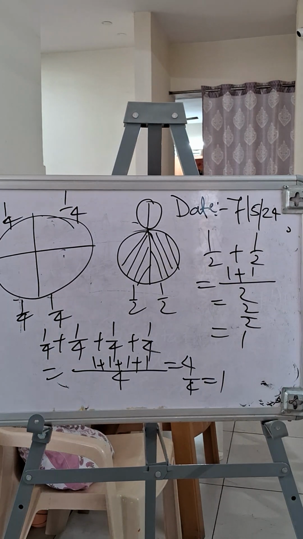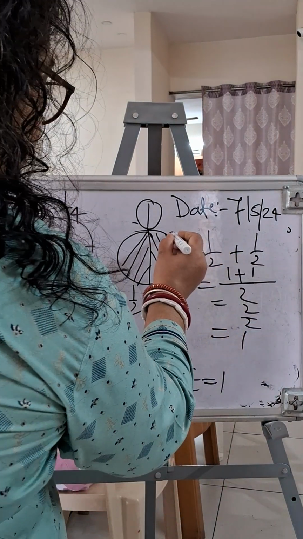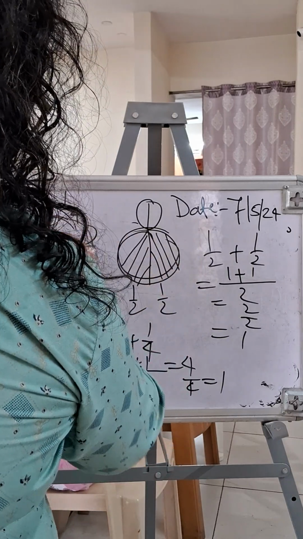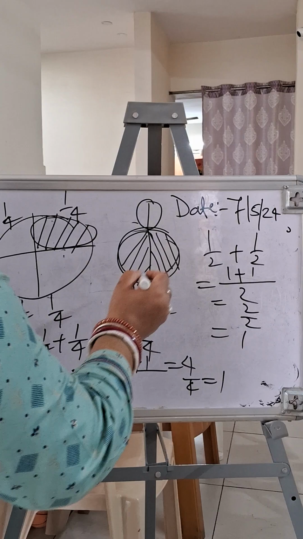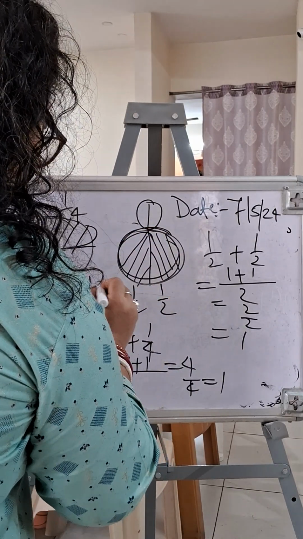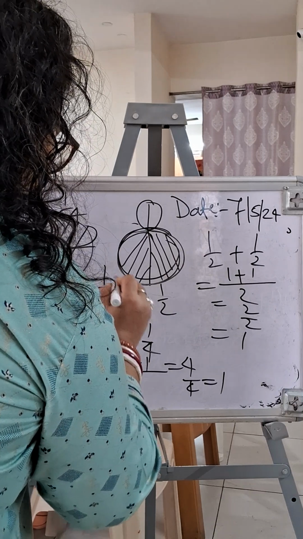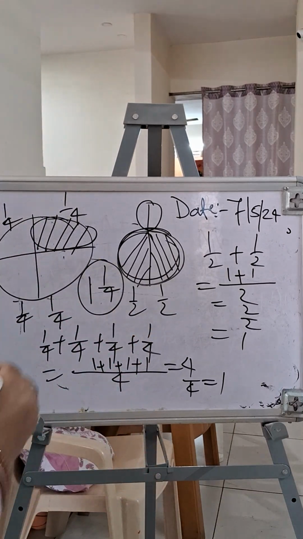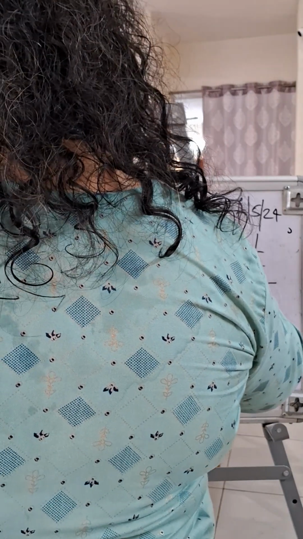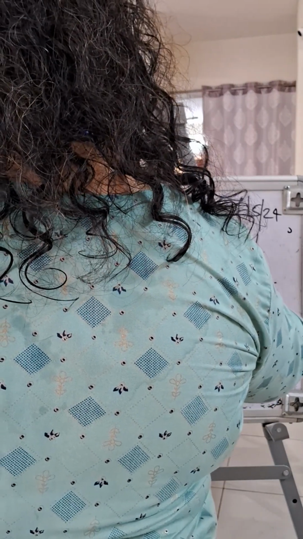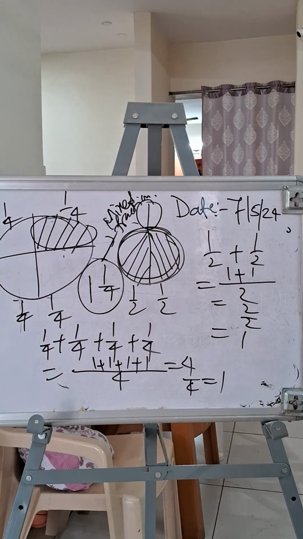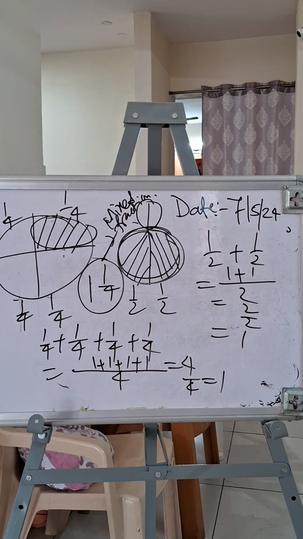Suppose I take a whole 1 and add 1 by 4; the total is called a mixed fraction. In that way we get mixed fraction values and fraction values.